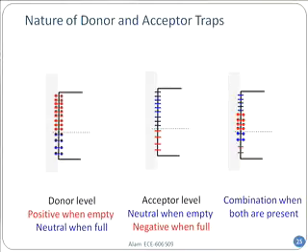Now, it is very important to understand that just like a donor is an atom which gives away an electron, close to the conduction band, every trap has very similar characteristics. But in this particular case, these donor levels, the surface levels, are spread throughout. Look at the left-hand side plot.